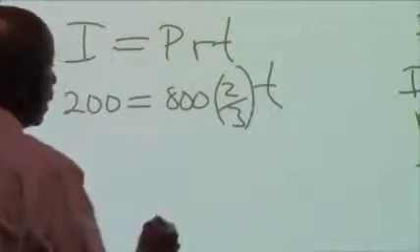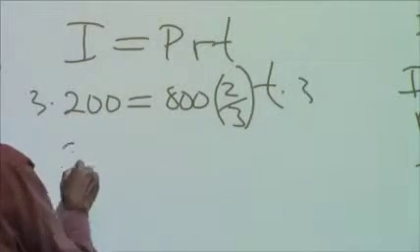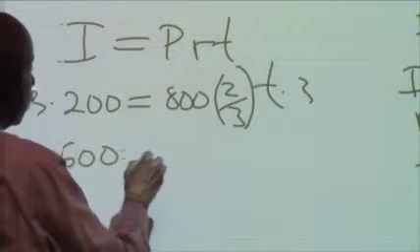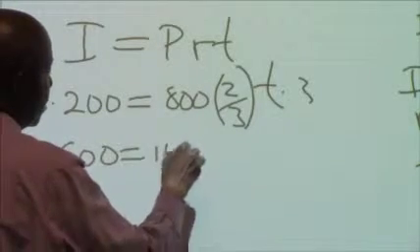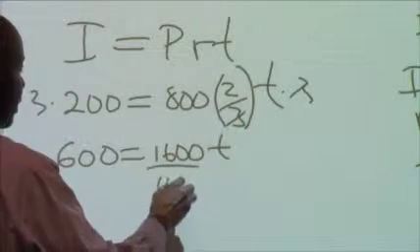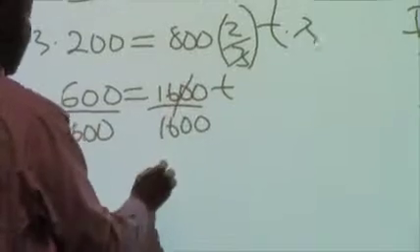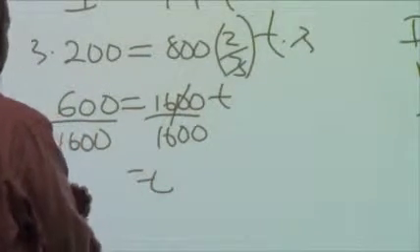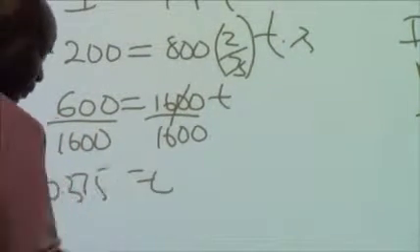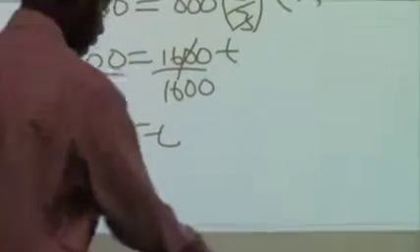I can multiply both sides by 3, so I'll have 600 equals 2 times 800 R, that's going to be 1600 R. Divide by 1600, I'll have R equals 0.375. Sorry, it's not time. I had the time here, so it was the rate that I did not have.